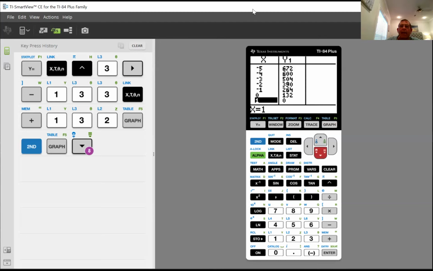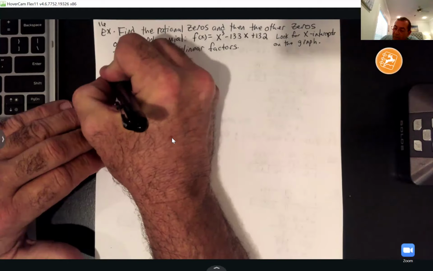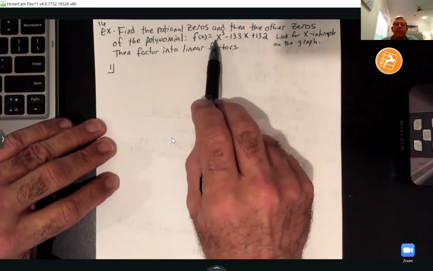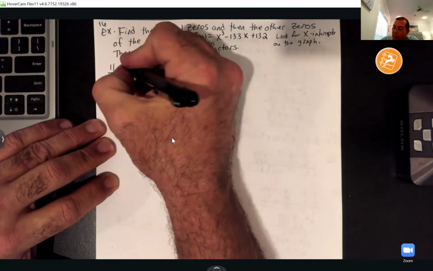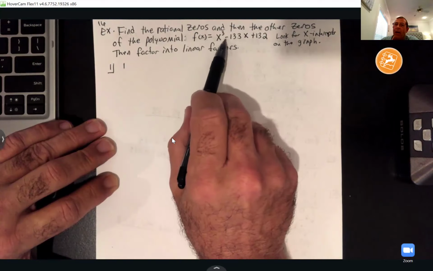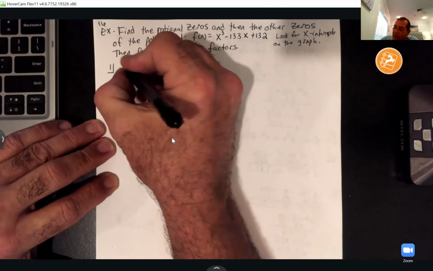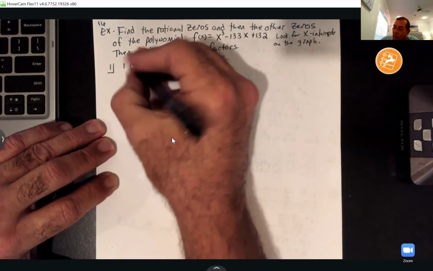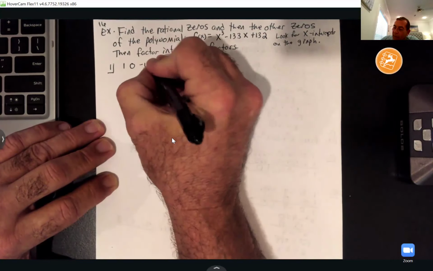So we're going to go back and do our synthetic division. We're going to try that 1 first. Now let's write out our numbers. I got 1 for the x cubed. I don't have an x squared here, so I need a 0. My x term is negative 133.